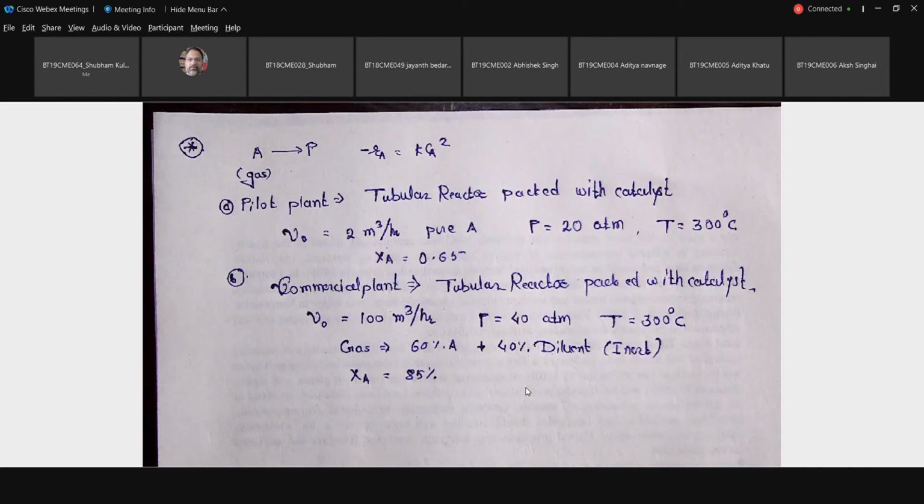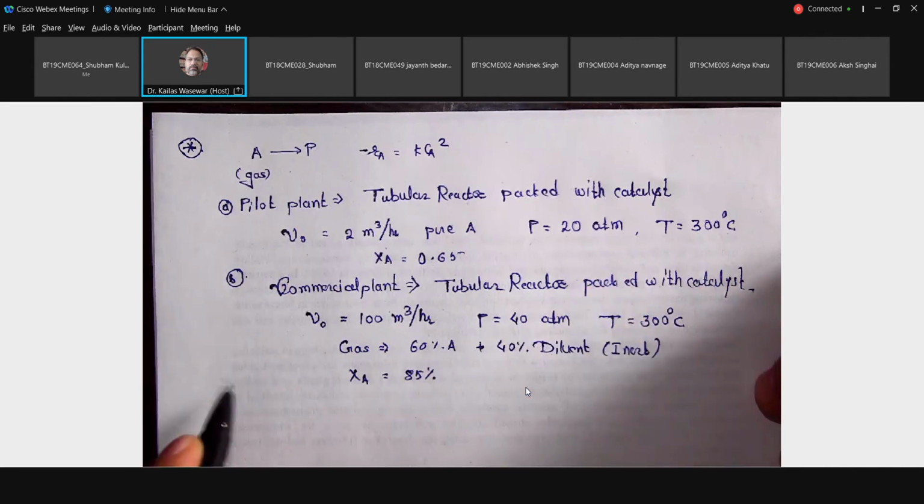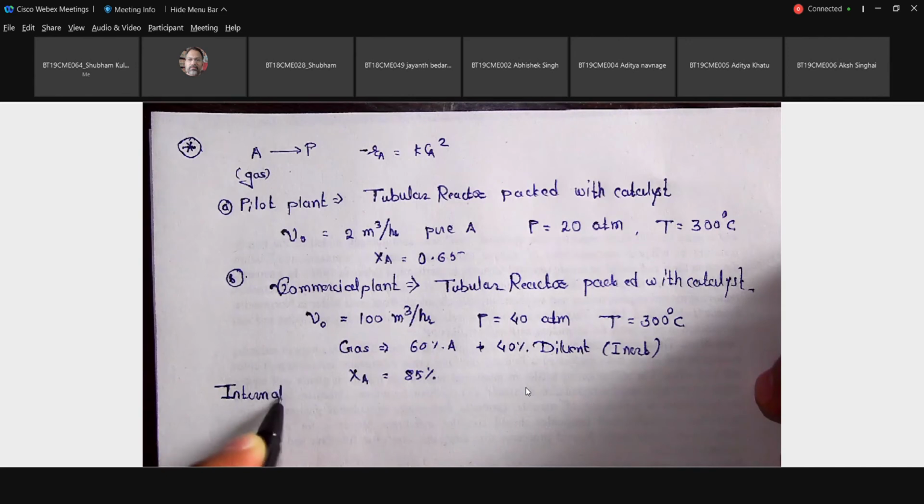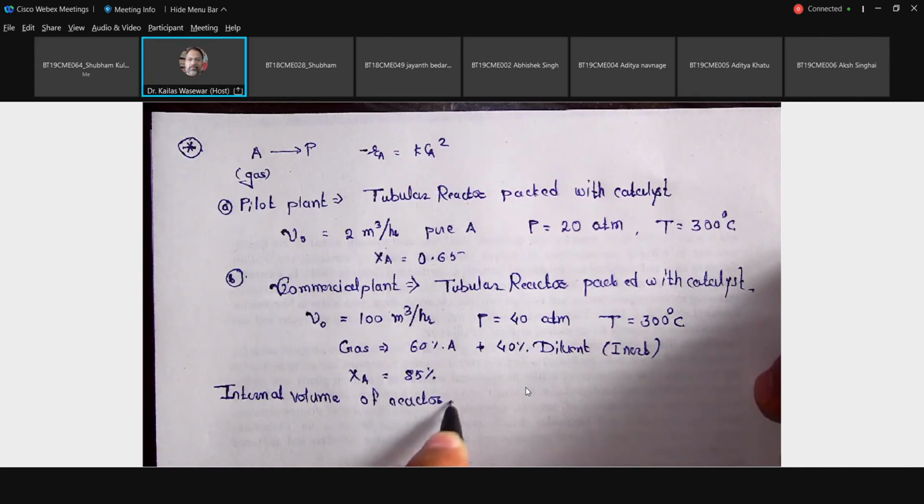Now in this case, we have to find out the internal volume of the reactor. Or simply volume of reactor for the case B. In first case, volume is mentioned.